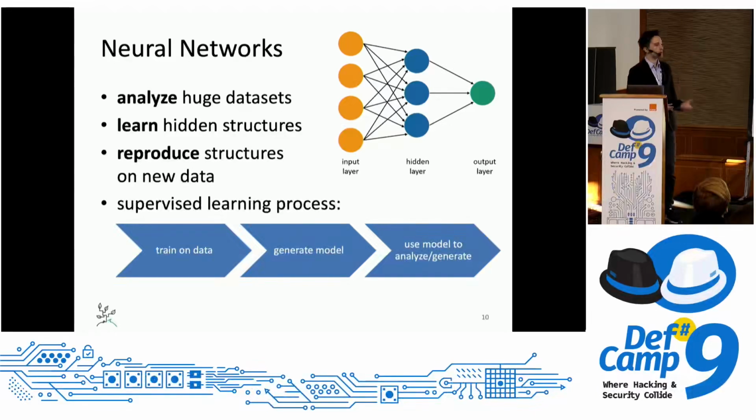And they are also able to reproduce or analyze this new data. That's part of supervised learning, which means that you basically train it on data and also test it on data. Then you generate a model here. Maybe you can read that. You generate a model. A model is nothing else than a file with a lot of numbers in there. And in the end, you use this model to analyze or generate something.